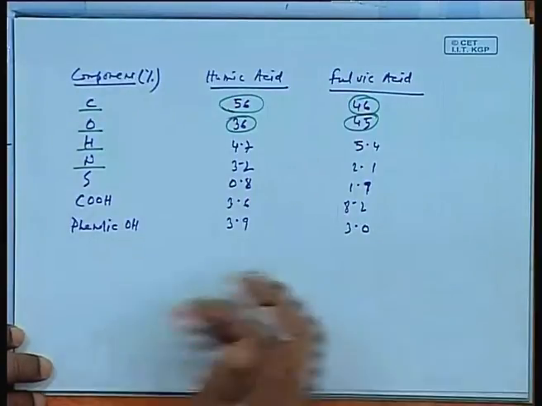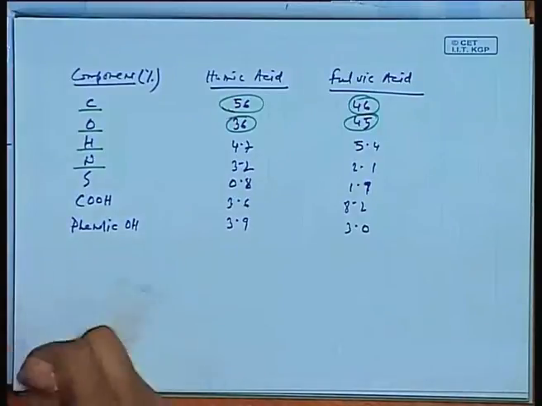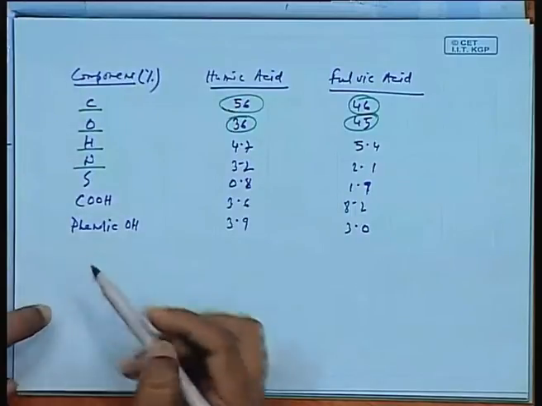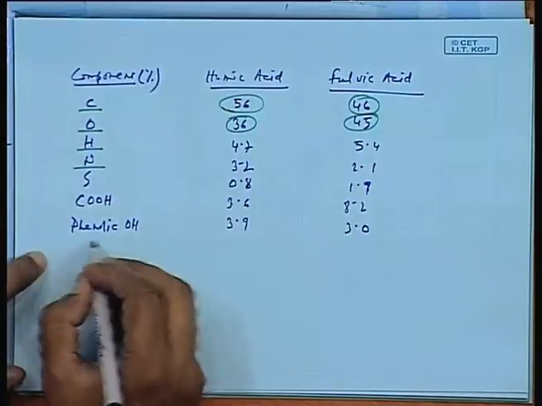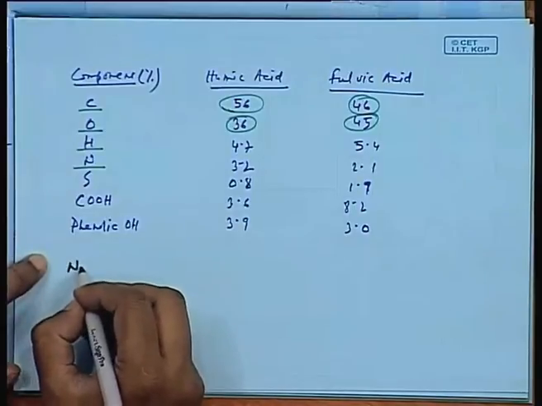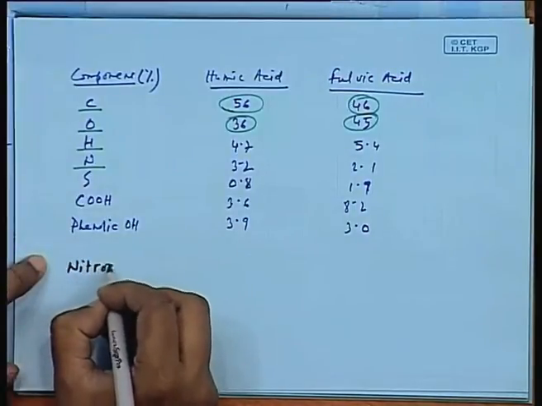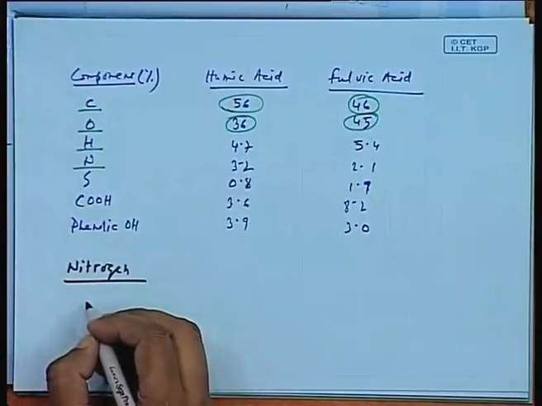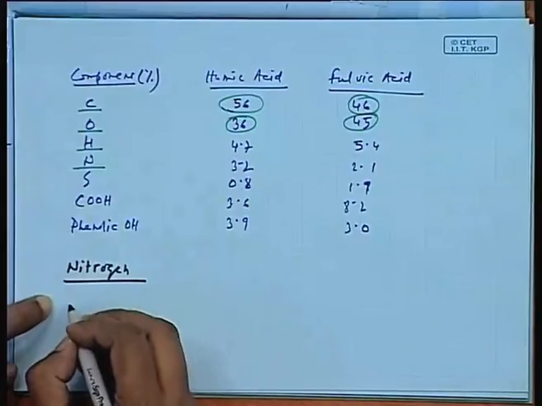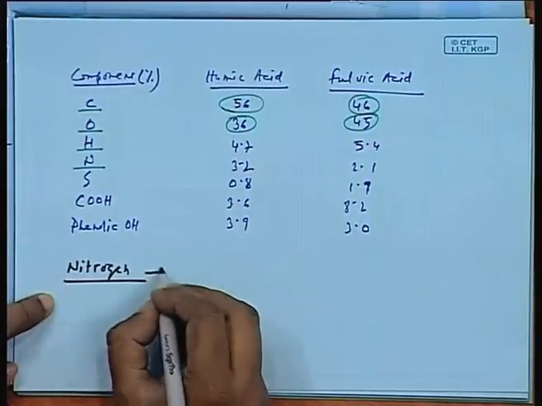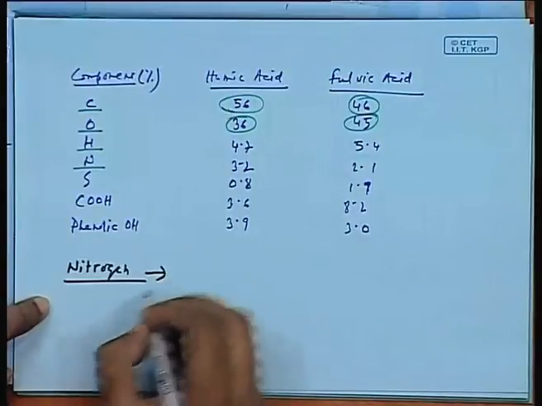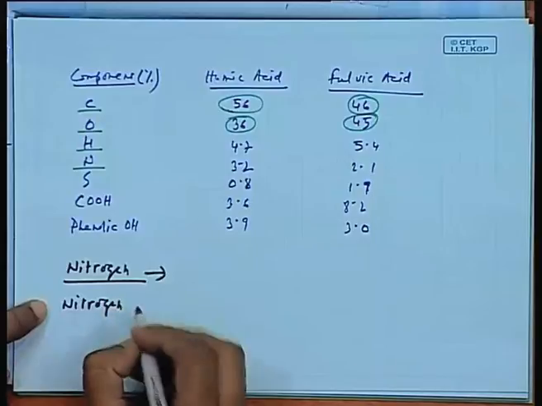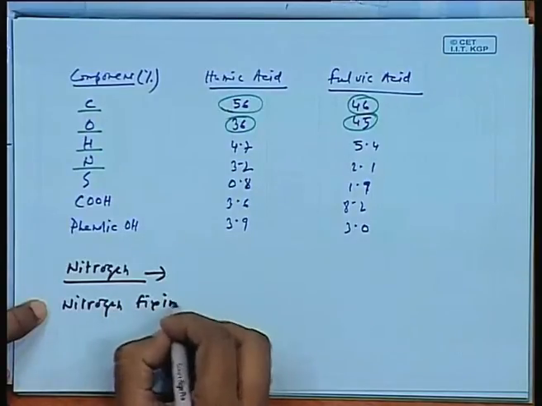Apart from that, other important parts that I would always ask you to know. Other important constituents, other than this organic matter, is the nitrogen that you know already. Nitrogen should be specifically mentioned, pertaining to nitrogen fixing plants.